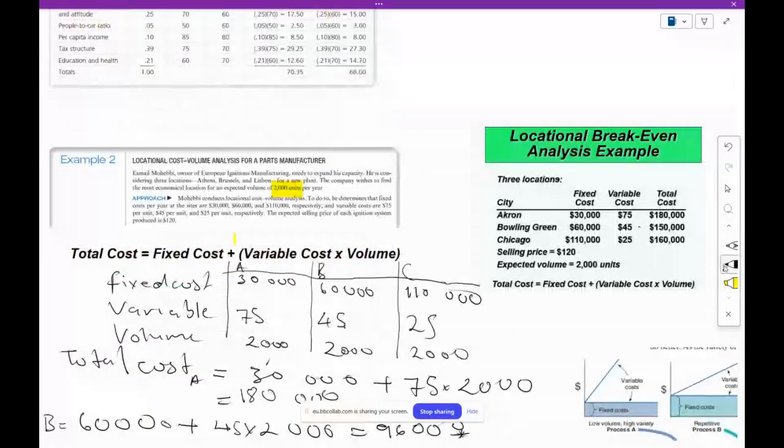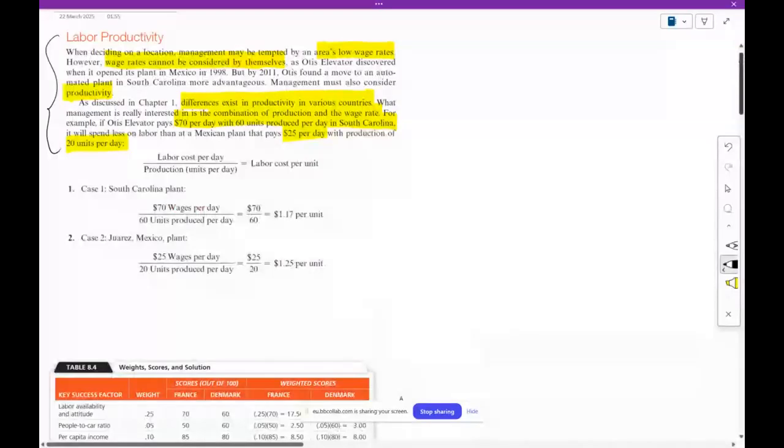So you make a quick comparison calculation there. Obviously, the labor cost per day, and you do it for the two plants.